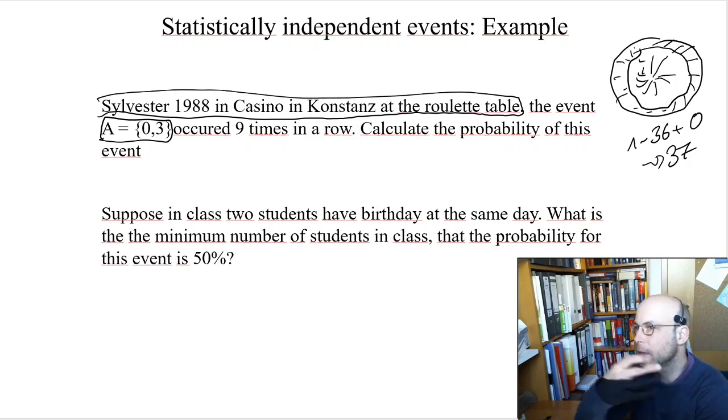And what is then, if we start our wheel only once, the probability that we get the event 0 or 3? So 37 numbers.